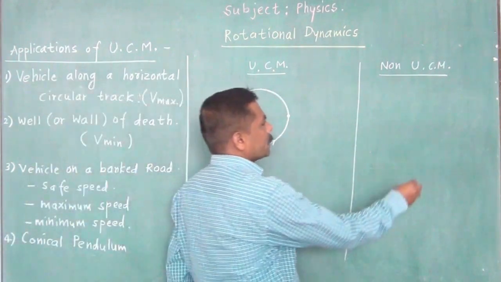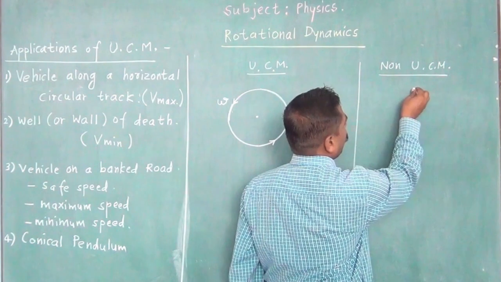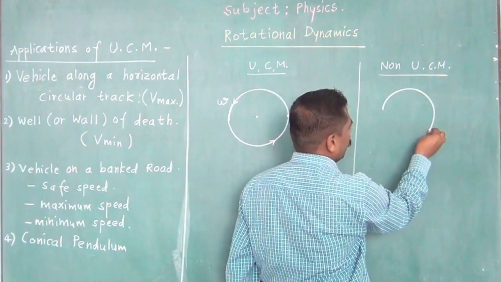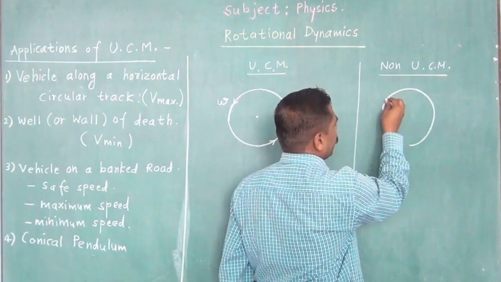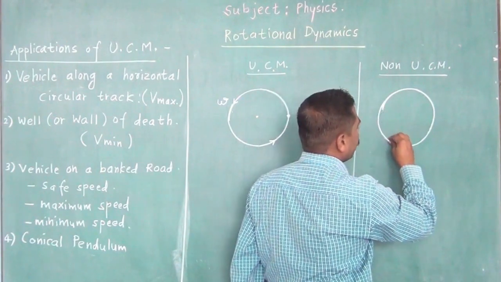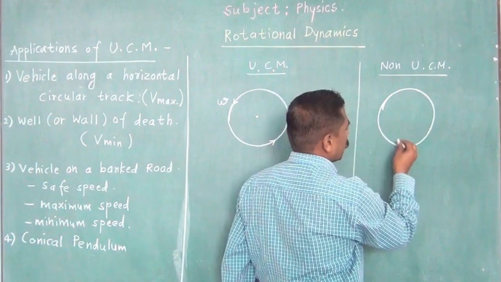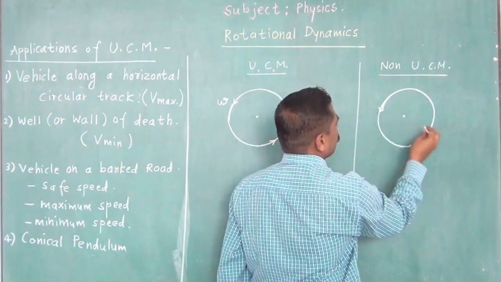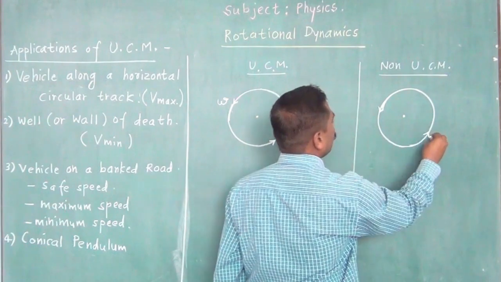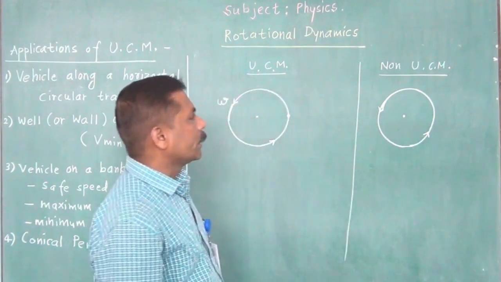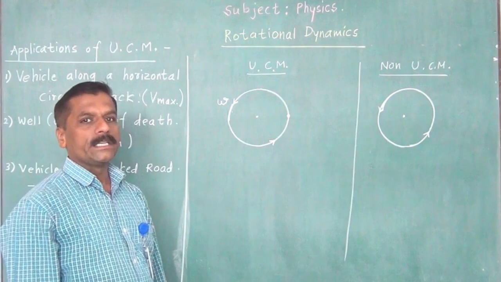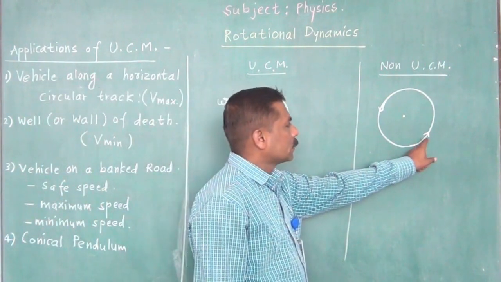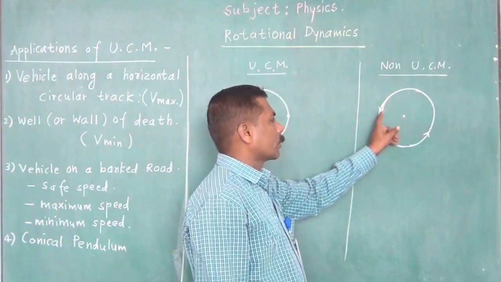While in case of the non-uniform circular motion, you will find the particle is moving along the circumference of a circle, but angular speed or linear speed is not constant. So this is a non-uniform circular motion.